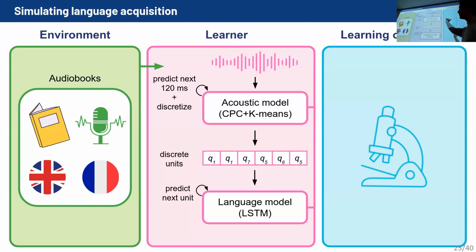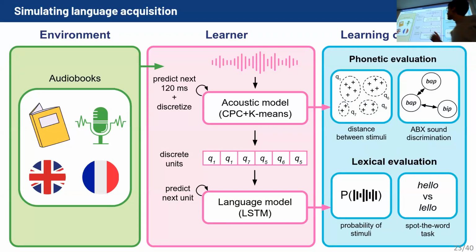And from this discrete representation, we train a language model that is trying to predict the next unit. I don't think it's super important to understand all of the components, but the key idea behind the learner is to learn by predicting the near future in the audio stream, given the past context.